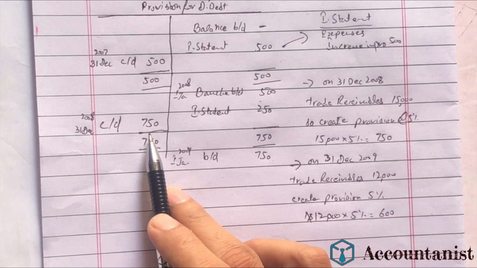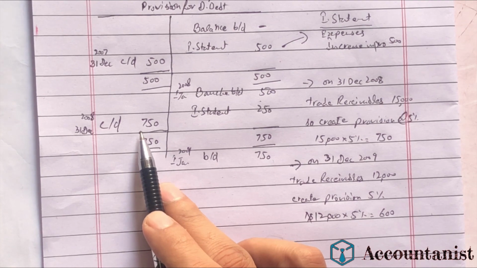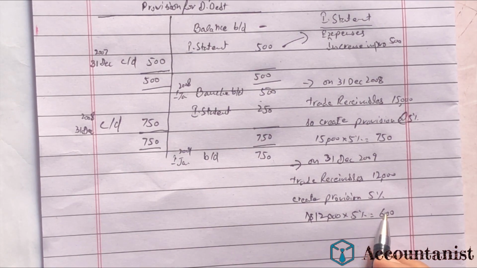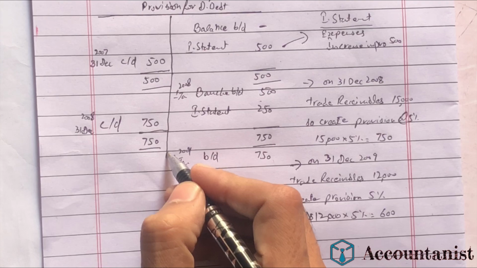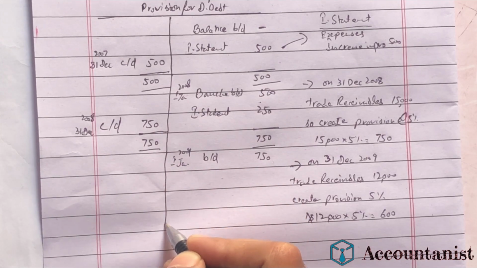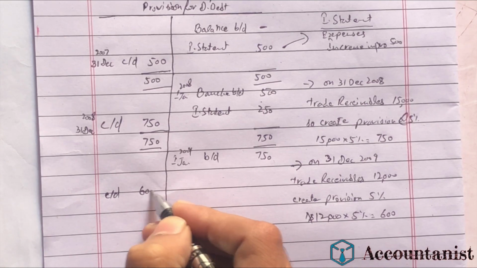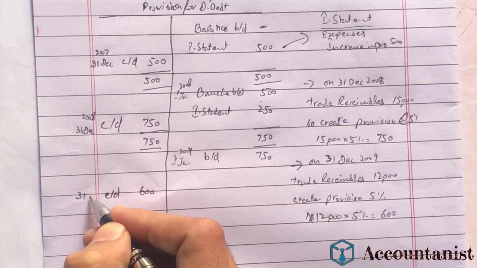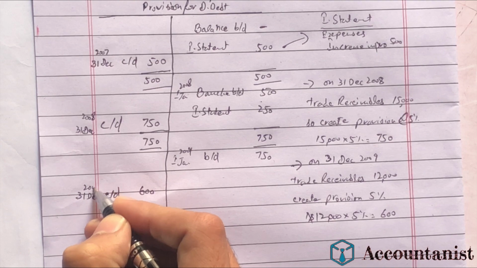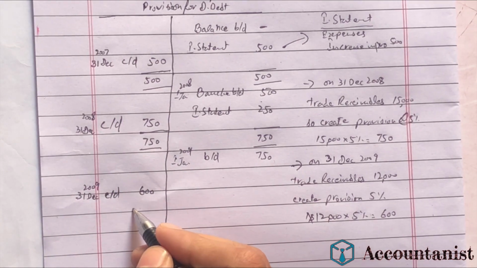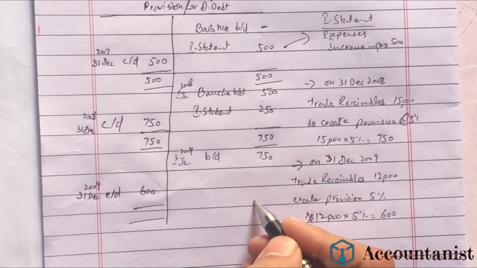Again, as we have done in the previous example, the calculated figure of provision we always record on the debit side as the closing balance. So this will be our closing provision balance. I'm going to increase this line a bit, so that becomes my balance carried down, 600, on 31st of December 2009. After writing this down, again I'm going to close this account.